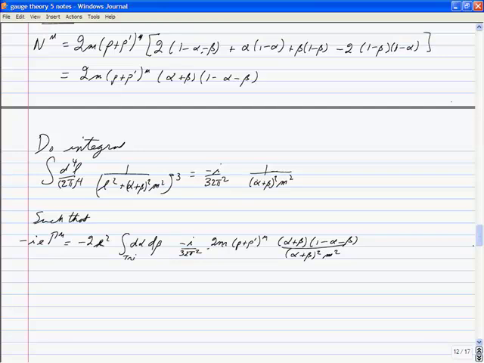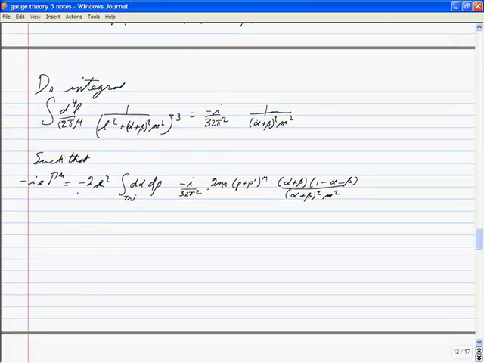Okay, it's worth pointing out that that integral is finite, but let me just do the integral or give you the answer, and then we can come back and look at the integral.